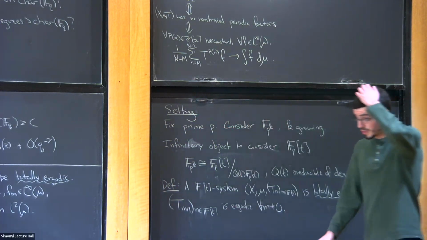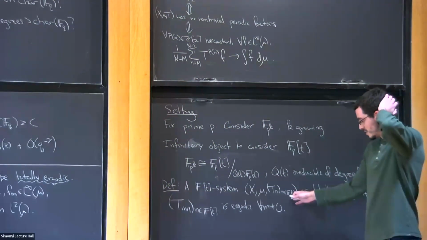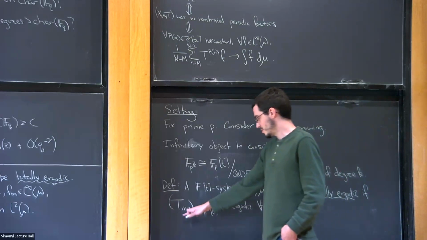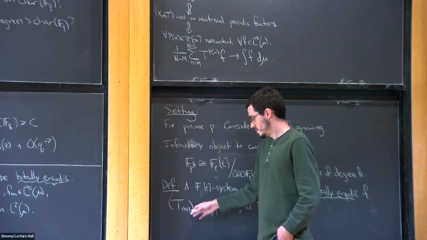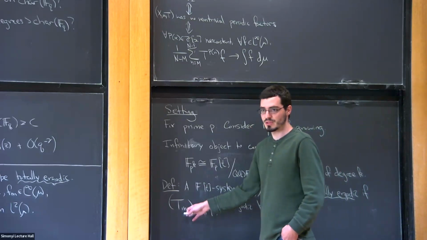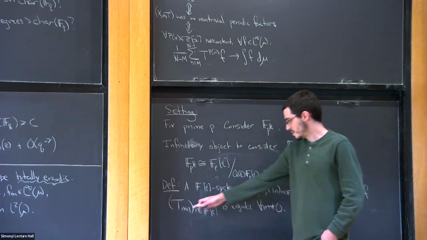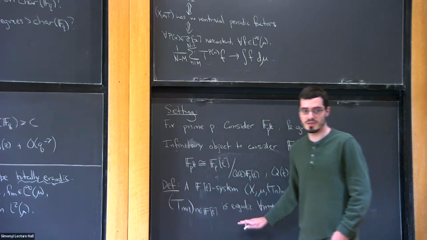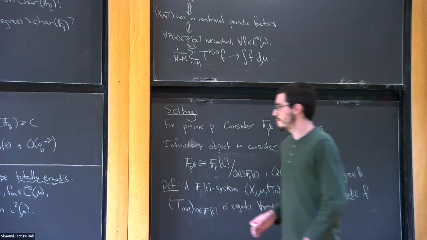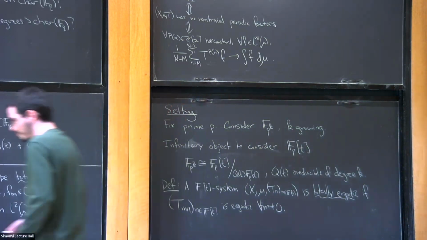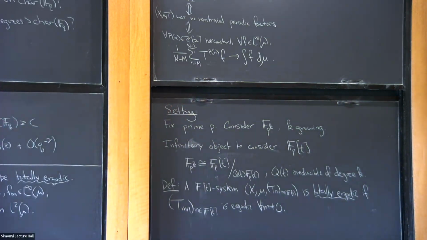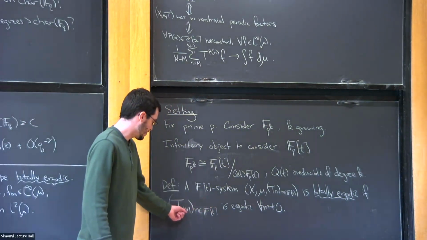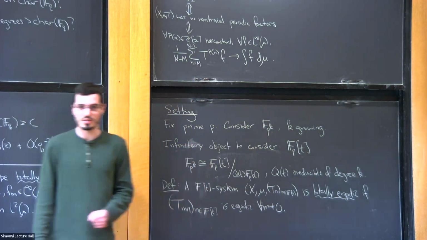So I have an action of FPT by measure preserving transformations on some probability space. And now when I look along, here, I've been really looking at principal ideals, which all have finite index in this ring. When I look along these ideals, the action is ergodic. So I don't have any non-trivial invariant functions. Okay, so if you want, this is something about an ergodic theorem holding along linear polynomials.